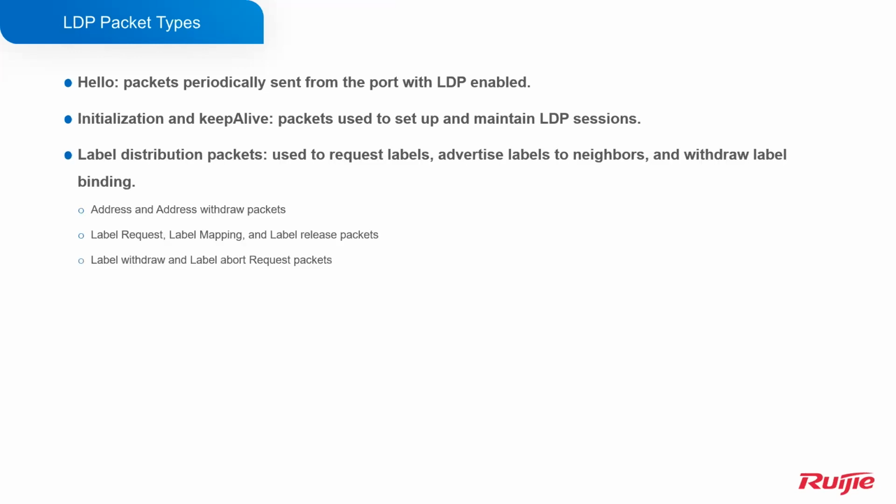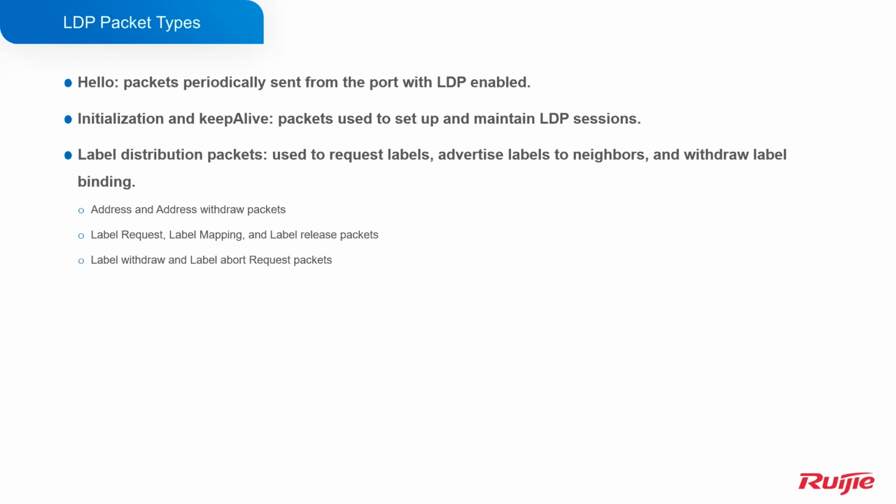And then there are the label distribution packets. These are used to ask the neighbor, please give me the labels, and also to advertise the labels to the neighbor. And if some label needs to be deleted, we also use the label distribution packet to withdraw the label binding.